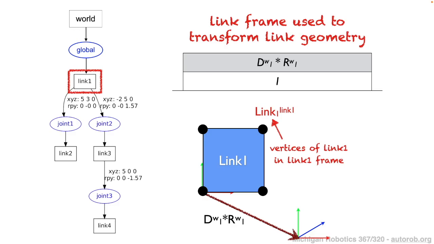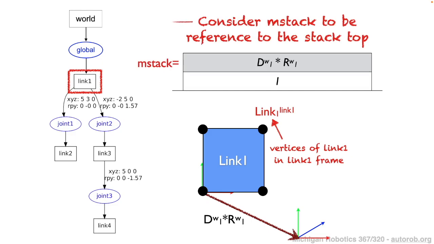So at this point, link 1, because we haven't transformed it yet, has some origin that overlaps with the world origin. Our job now is to figure out how to transform link 1 such that it will be positioned with respect to the world origin correctly. Link 1 has a set of vertices that define the geometry for this link, and we want to transform those vertices into the correct position in the world coordinate frame.